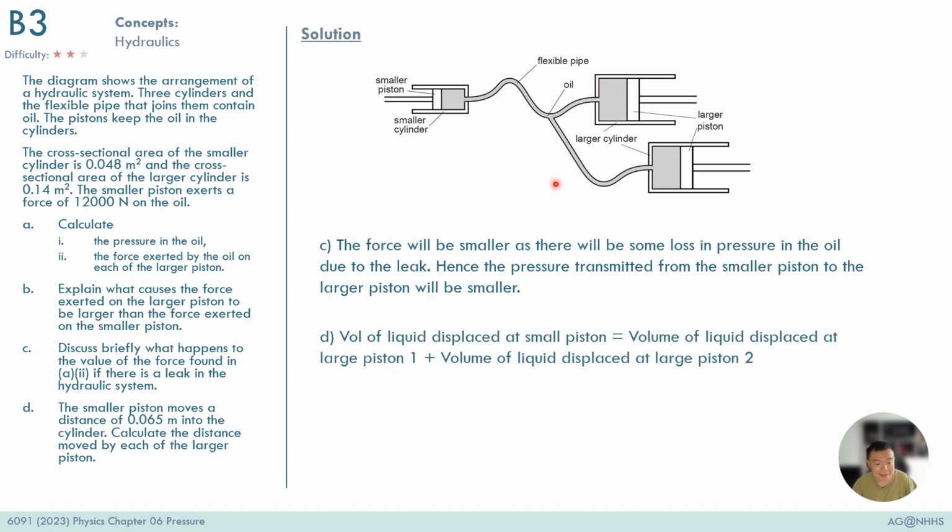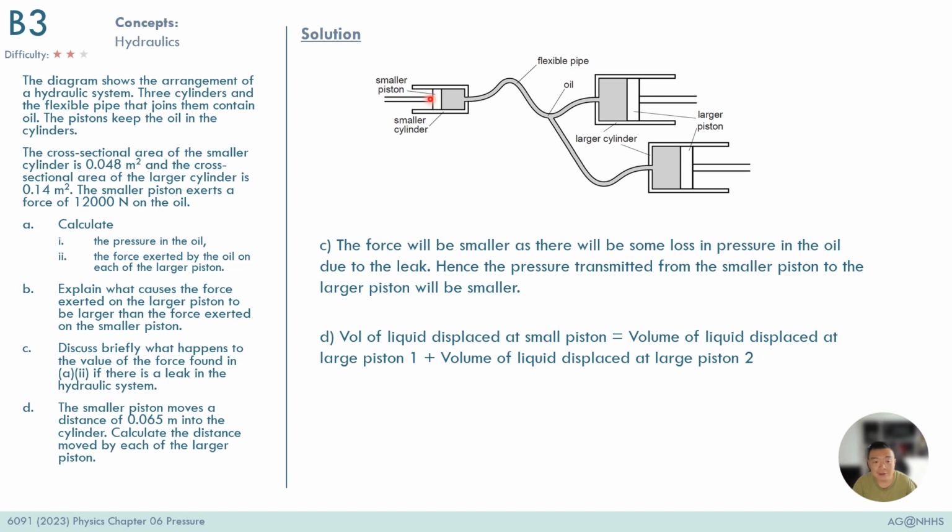Now in part D, we are to determine the distance moved by the piston, and as explained in class and also in the previous question, there are two ways: conservation of energy using work done, or my preferred method, which is that the volume displaced on both sides will be the same. So I will use the volume displaced.